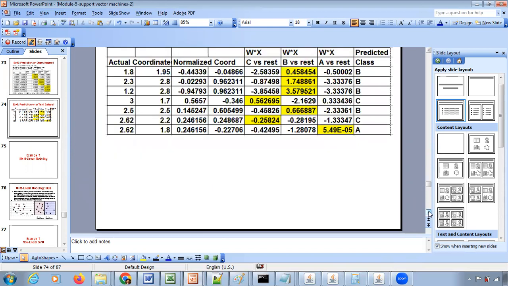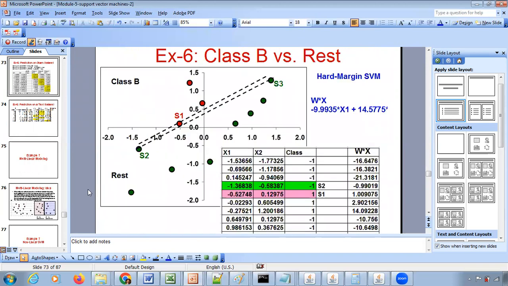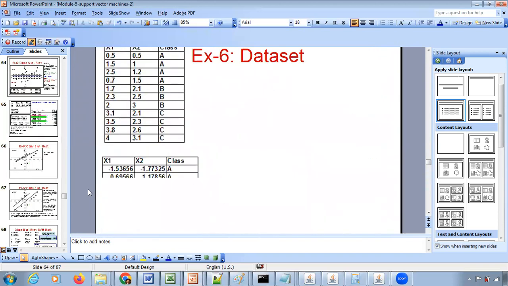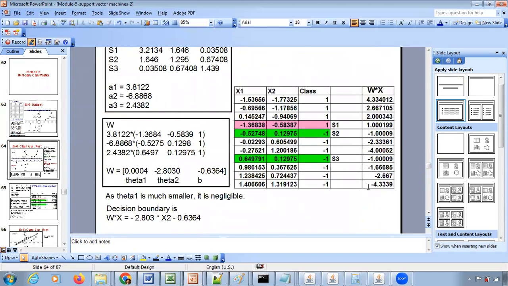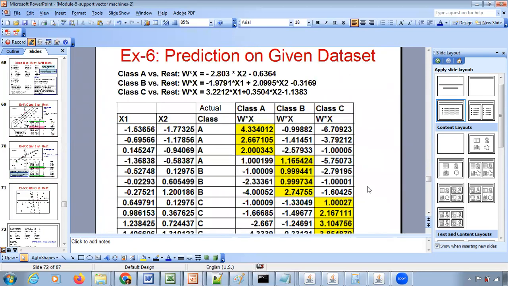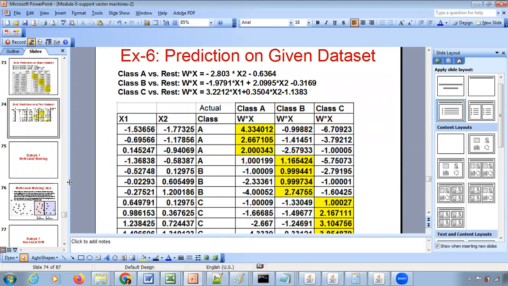Okay, so we can do a similar thing with the test cases. Just pick some numbers which are not part of the training data set and go through the same process. For example, if I pick 1.8, 1.95, I use a normalized version, since we don't have visualization of the raw data set: negative 0.44 and negative 0.04.